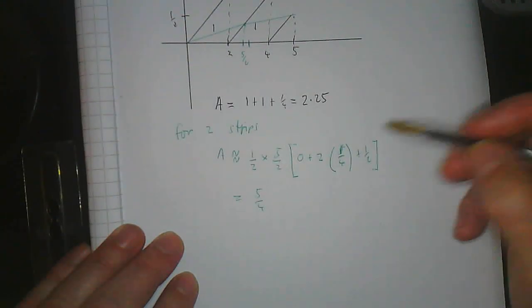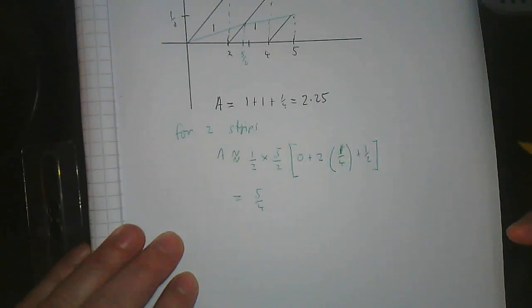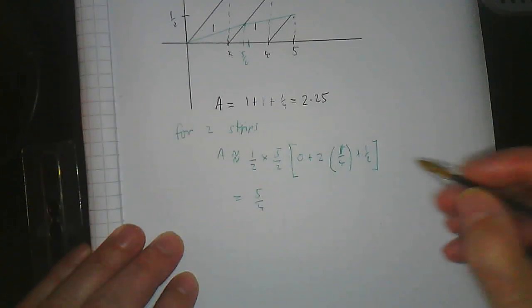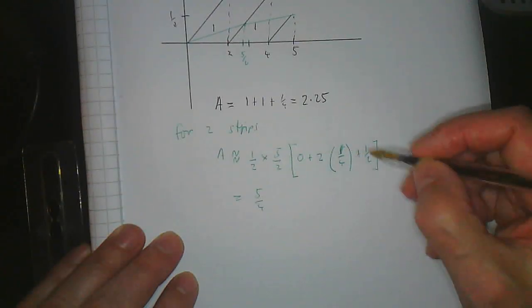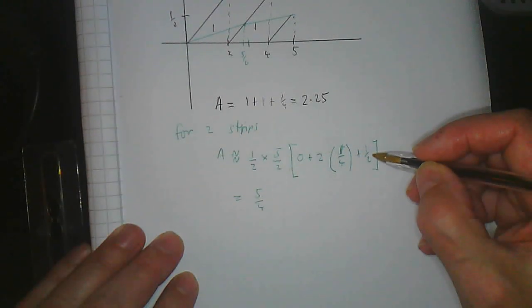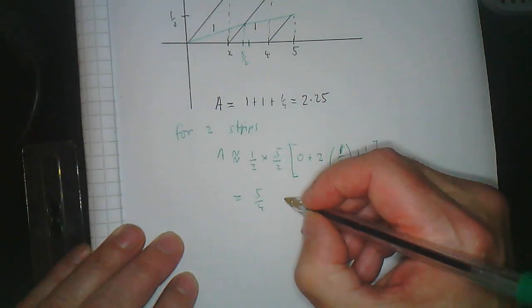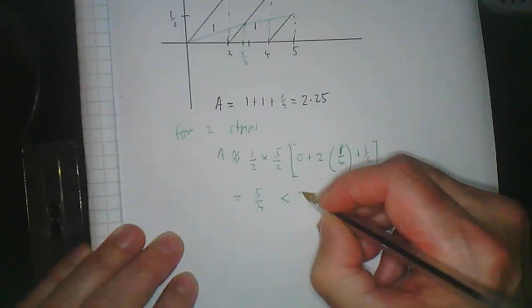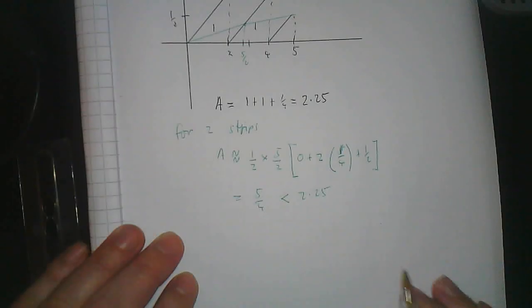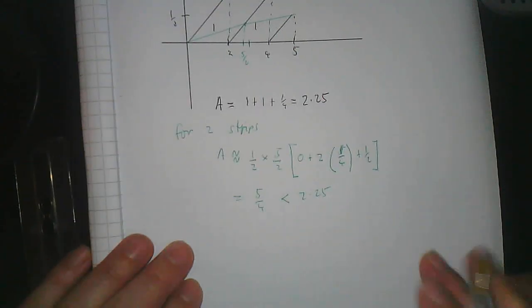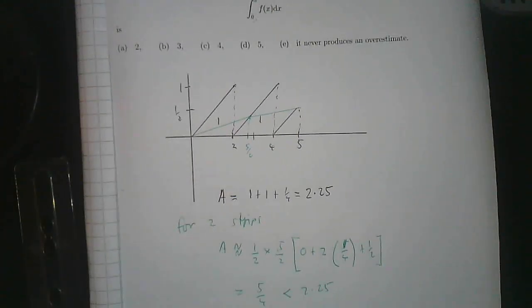So this is a half plus a half, which is 2 lots of a quarter. That's a half. So you end up with 5 over 4, which is less than 2.25. So clearly 2 strips is an underestimate.